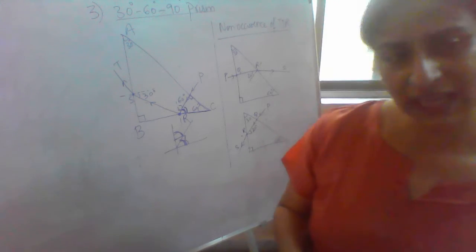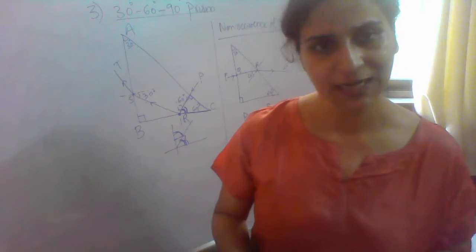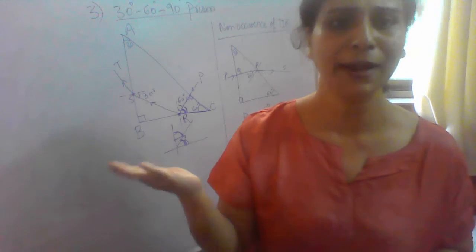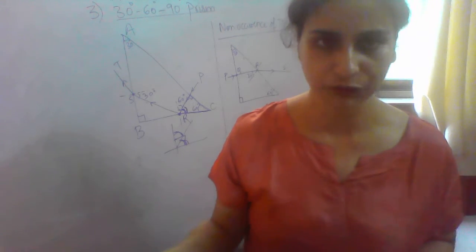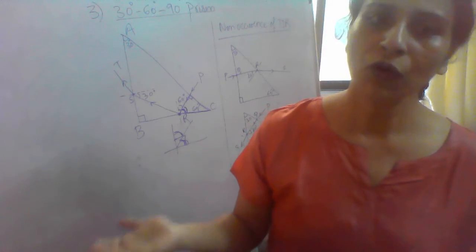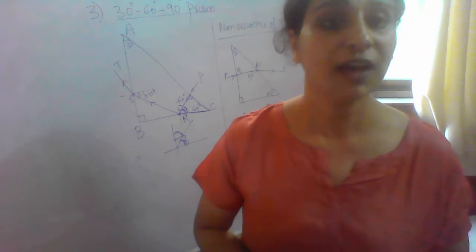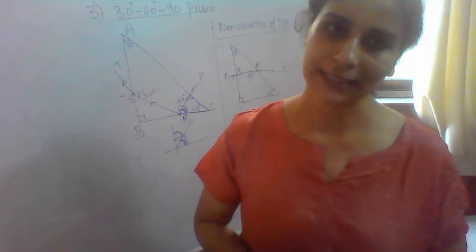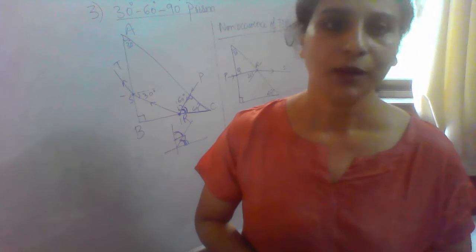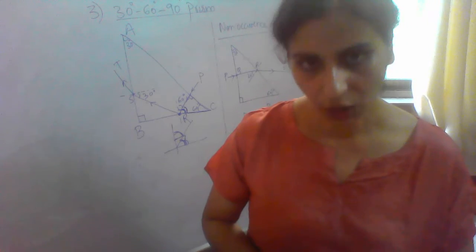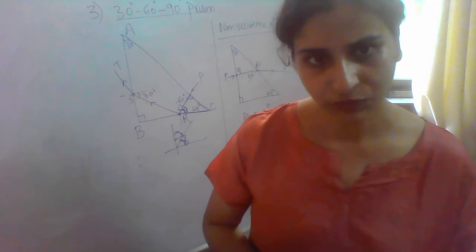These are the different cases where we are sending the incident ray from different sides of the prism and learning the image formed. Now we go for two cases given in figure 4.52, where it is a 30, 60, 90 prism but total internal reflection does not happen. Let us study those figures.